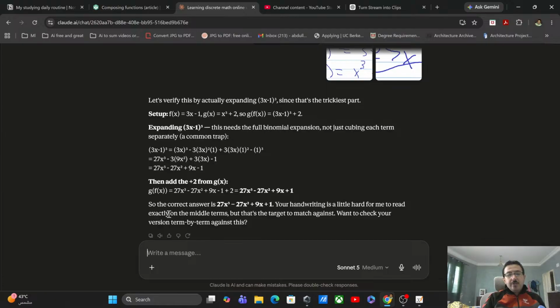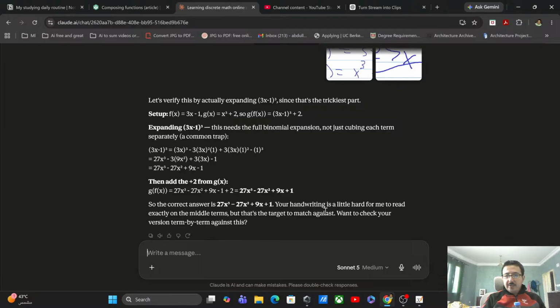That's 1. So the correct answer is 27x cubed. We forgot the 2 here. Remember, we got to this one. Then we forgot to add the 2, which adds up here, gives us 27x cubed minus 27x squared plus 9x plus 1.